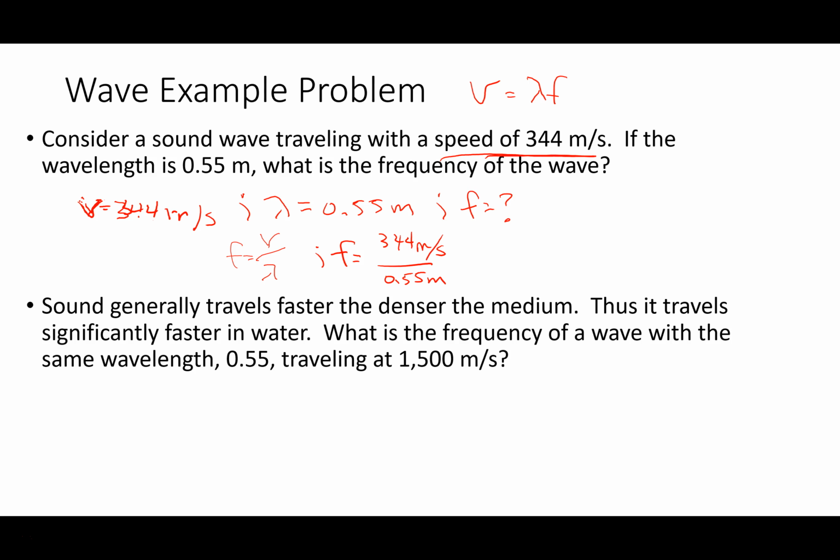Now, do you see where the units of meters in this case cancel out? Meters will cancel out. So I just have units of seconds in the denominator, because this is per second. So unit-wise, when meters go away, I get so excited about units. So I have units of per second.